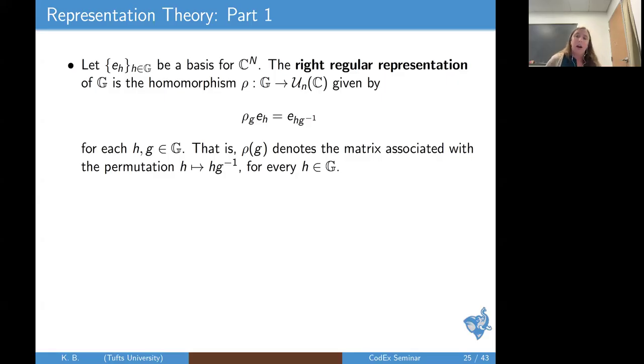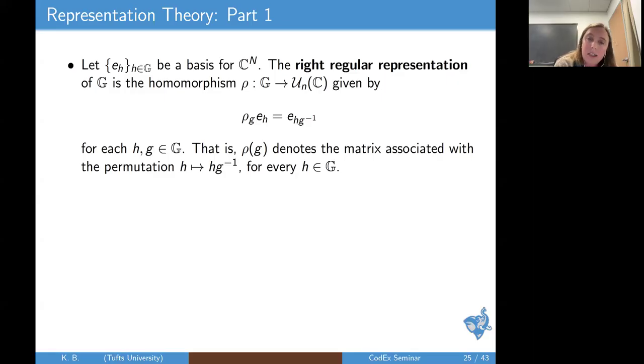special representation that gives us something quite nice beyond that. So if we have a basis for C^N, e_h indexed by the elements of the group, the right regular representation of G is the homomorphism rho mapping from G into, sorry, this should be capital N, so it's going to have the same dimension as the size of the group itself.